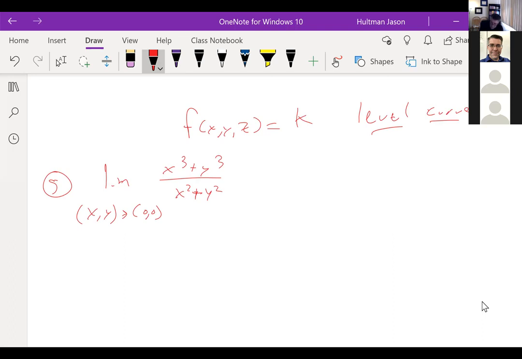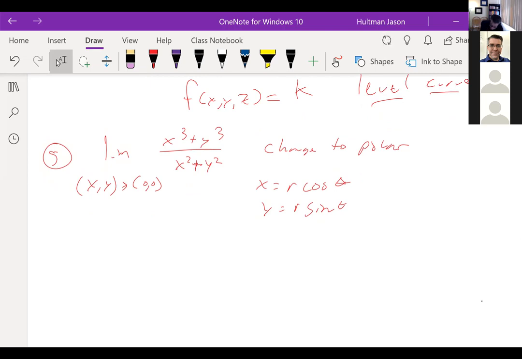Basically, it's a proof. We're proving what the limit of this thing is, and I think the only way to prove it is to use polar coordinates. So let's change to polar. We're going to say that x is equal to r cosine theta and y equals r sine theta.